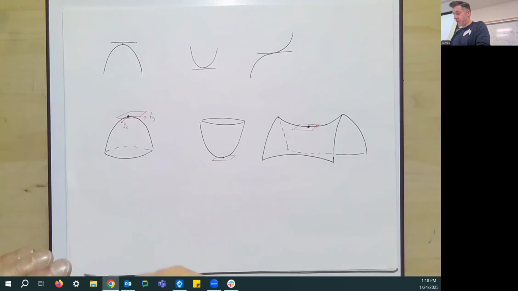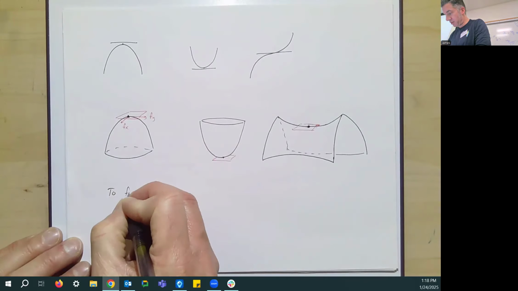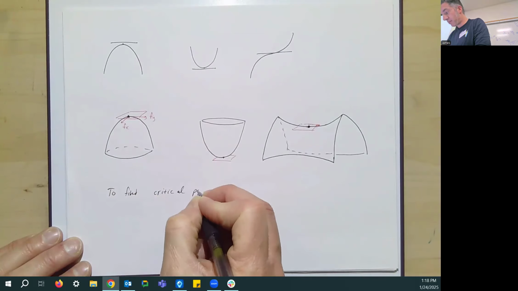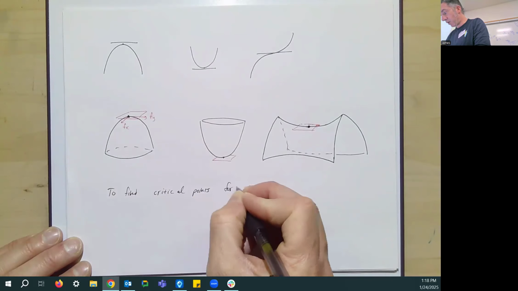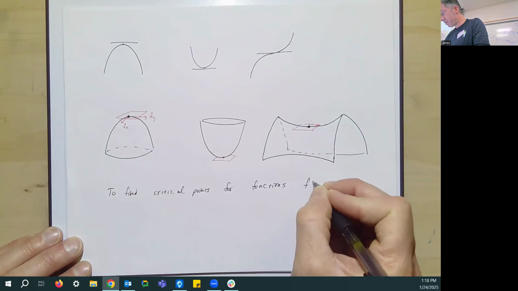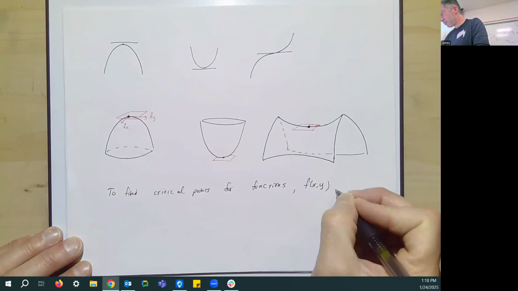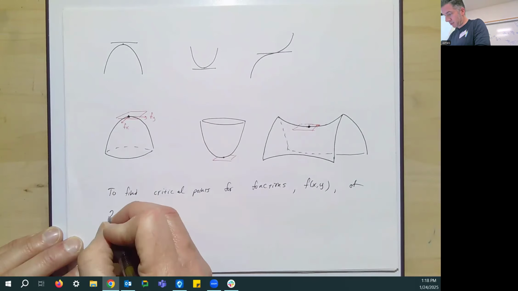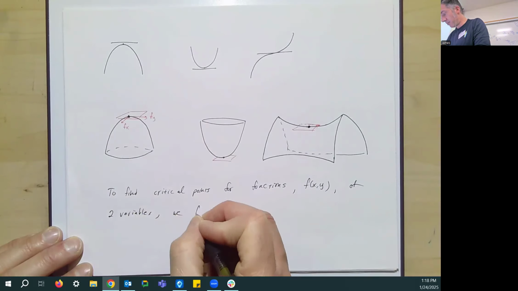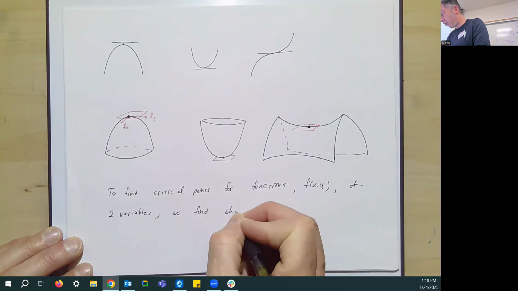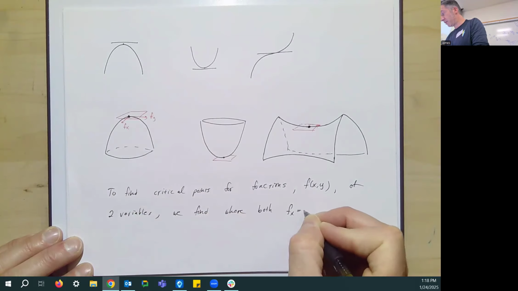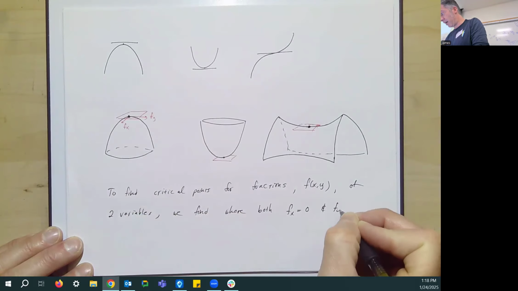So to find critical points for functions of two variables, we're going to find where both fx is equal to 0 and fy is equal to 0.